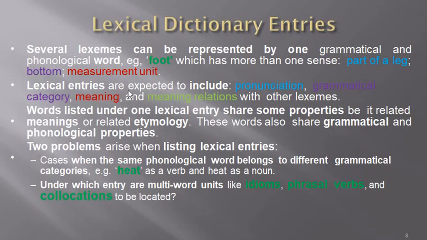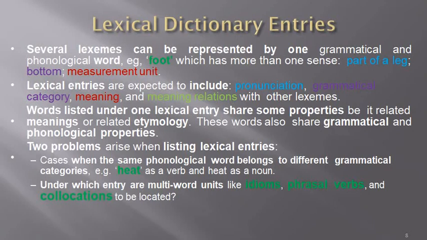Lexical entries are expected to include pronunciation, grammatical category, meaning and meaning relations with other lexemes. This is very important for the division and classification of words. Words listed under one lexical entry share some properties, be it related meanings or related etymology. These words also share grammatical and phonological properties.